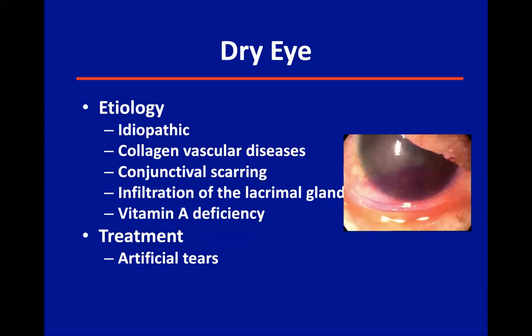It's an over-the-counter medication. I always tell my patients, just get the minims, the small ones where you use once and throw away, because then you don't have to worry about the preservative. Sometimes the preservative in a medication will also cause a red eye and cause dry eyes.